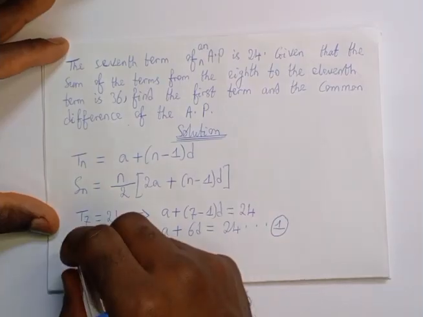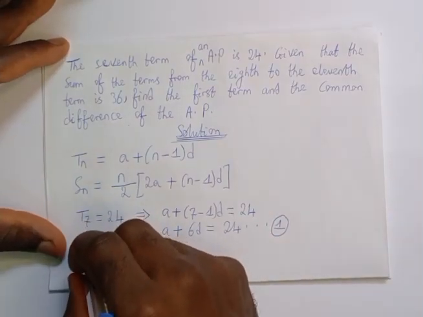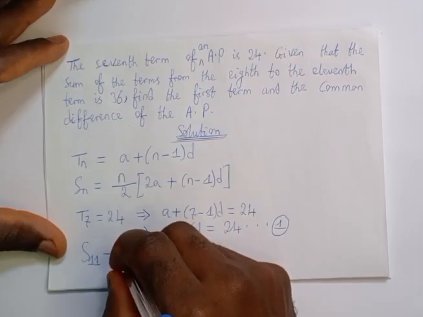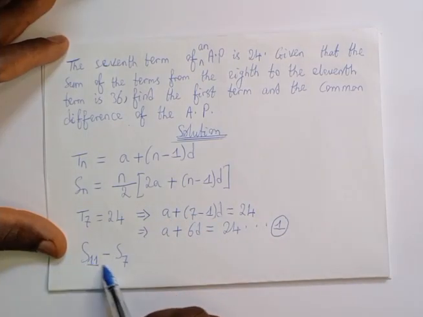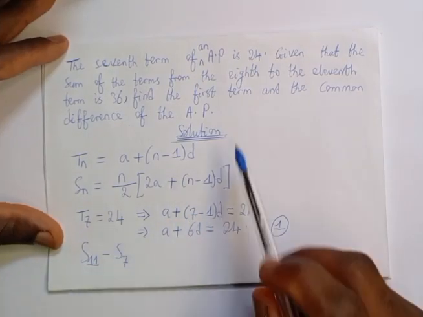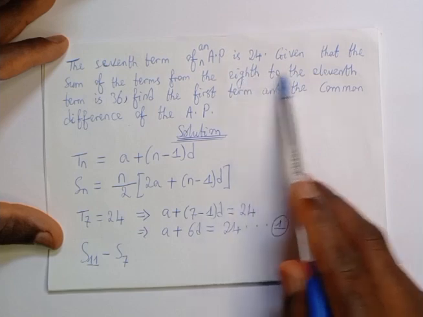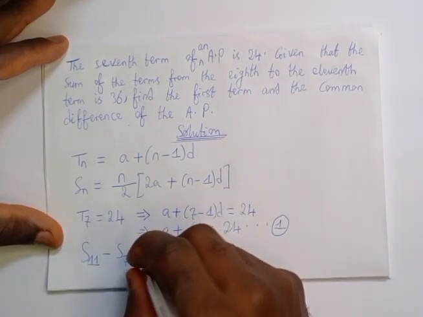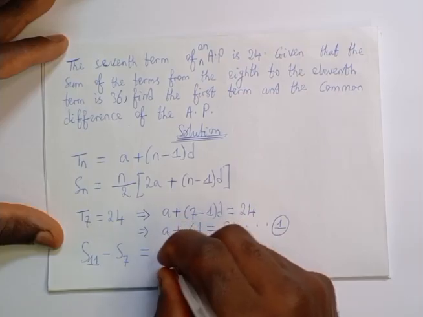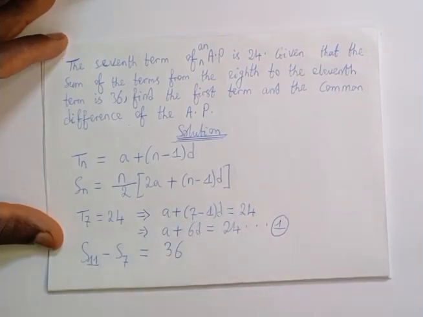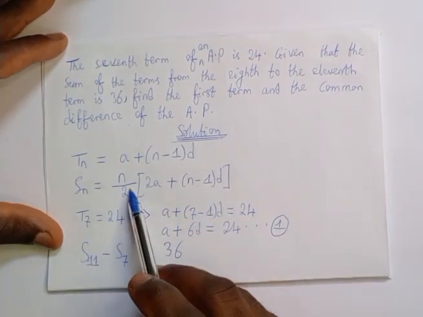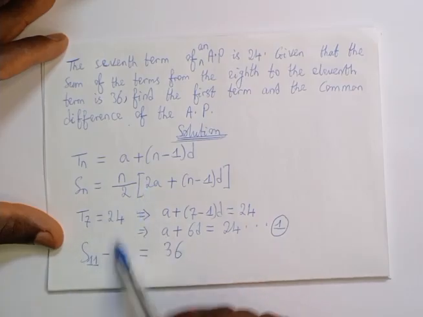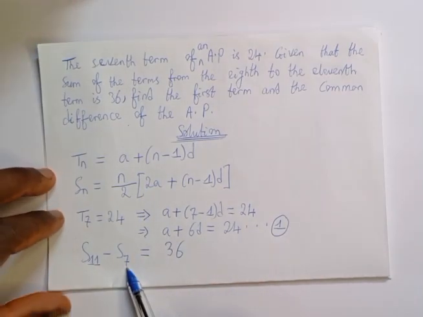That's what it means. The sum of the first 11 terms minus the sum of the first 7 terms will give us the sum of the terms from the 8th term right up to the 11th term, and this will be equal to 36. By making use of this formula, we can write down the sum of the first 11 terms and the sum of the first 7 terms.